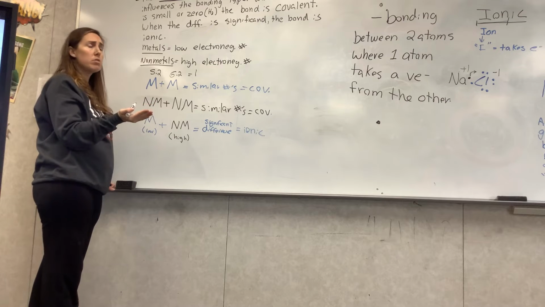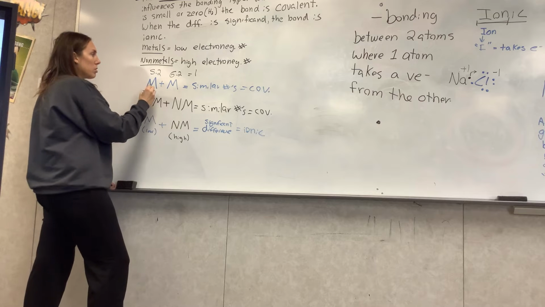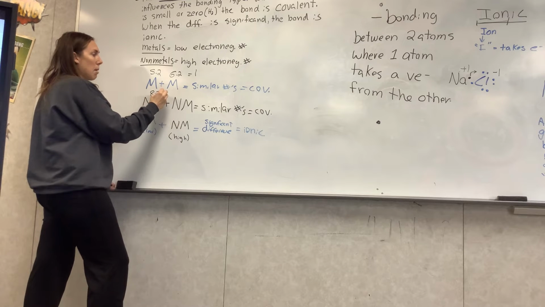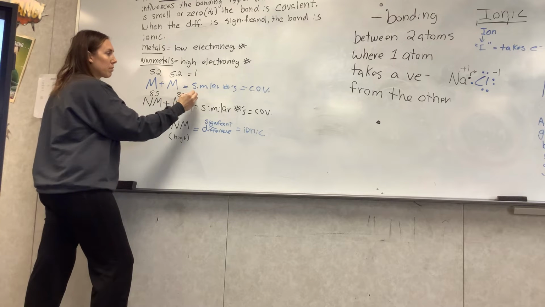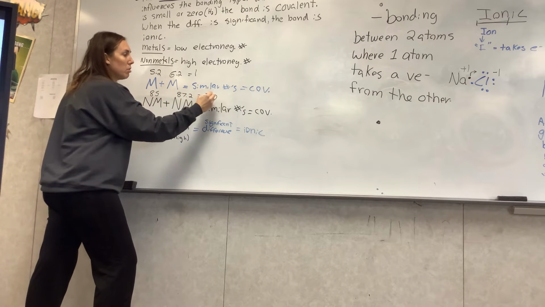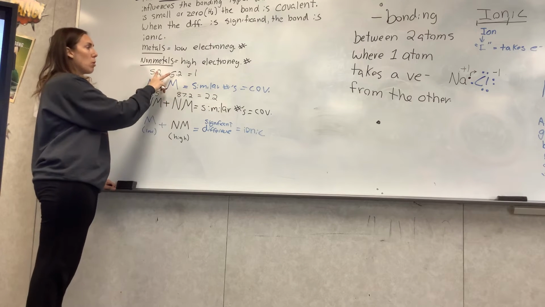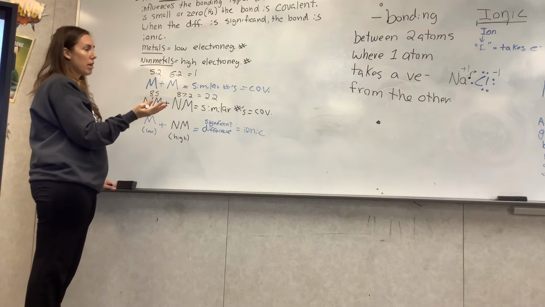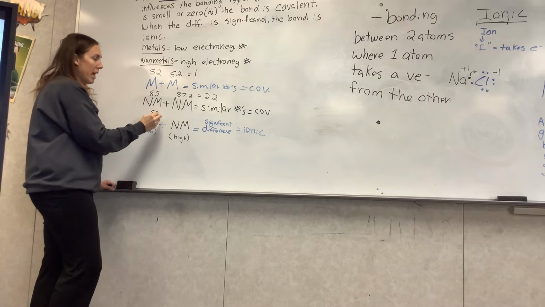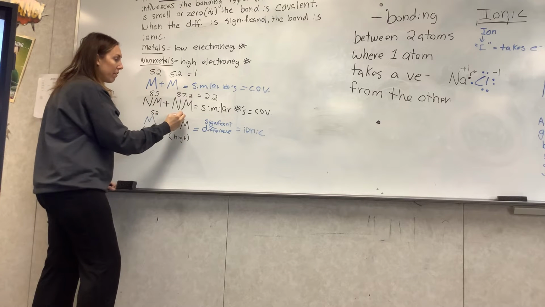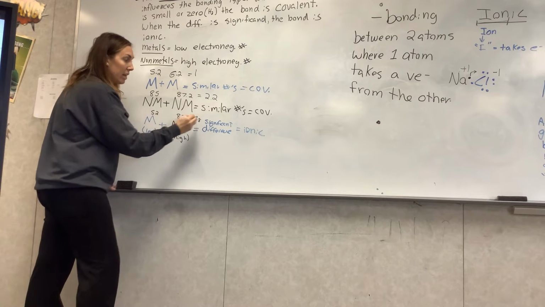That is not a great difference, so they're going to be covalent, okay? Non-metal, we'll say 85 plus, we'll say 87.2. That difference is 2.2. Not that different, okay? Yes, they're so different from each other, but when they're bonded together, their differences are not that bad. Well, now, say if we take that low one, 5.2, and add it to that high one, 85, wow, that difference is 79.8. That's great.